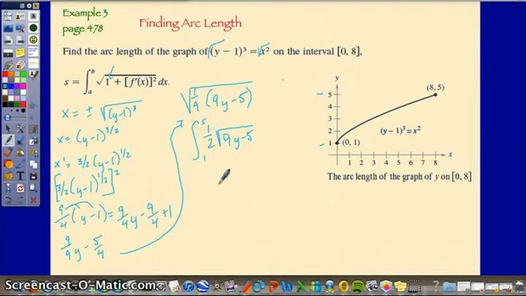And so now if I take the 1/2 outside, and I rewrite this as (9y minus 5) to the 1/2 power, we can do a u-substitution to set this up. If u is equal to 9y minus 5, du, of course, is equal to 9 dy. So if I put a 9 here and a 1/9 on the outside, essentially I have the integral of u to the 1/2 power.